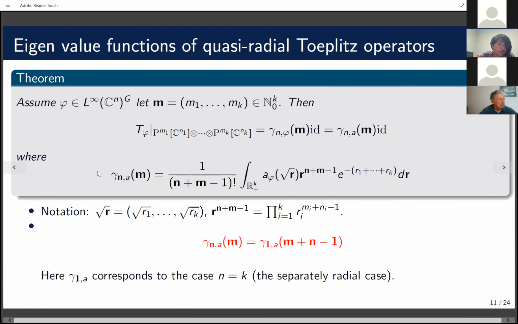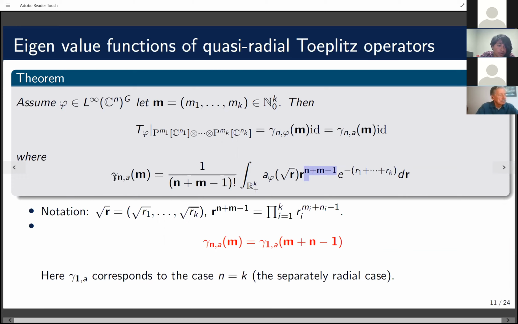Now if you look at this formula, look at the case for 1, that means when we have n equal to k, the separately radial case, when we have the tuple of 1s, what we get here is just m factorial here and m here, because 1 cancels with 1.